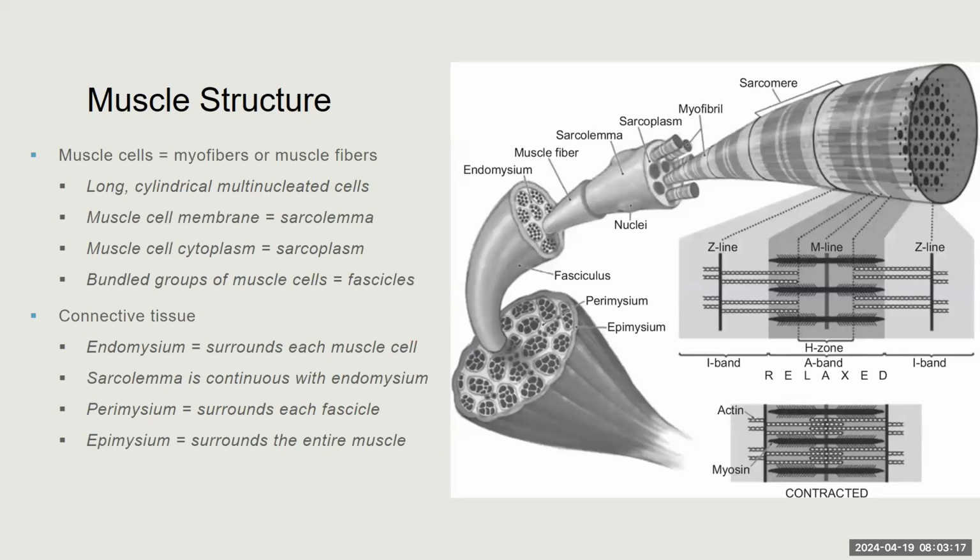Then each fascicle is contained in bigger sections. You have endomysium, which surrounds each muscle cell, and the sarcolemma is continuous with the endomysium. Then you have perimysium, which surrounds each fascicle, and epimysium, which surrounds multiple perimysiums and is around the entire muscle.